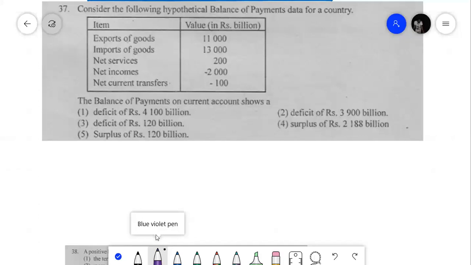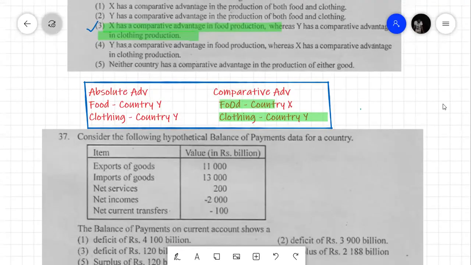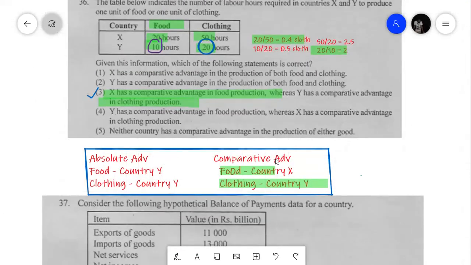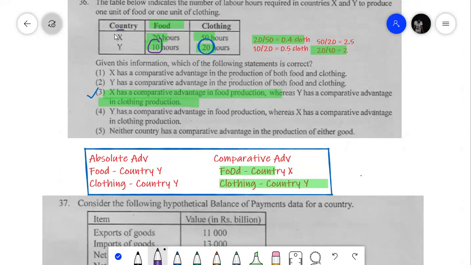Country Y has the comparative advantage for food. Comparative advantage. No, country X. So country X, right? Their opportunity cost of producing 1 unit of food is 0.4 units of cloth.